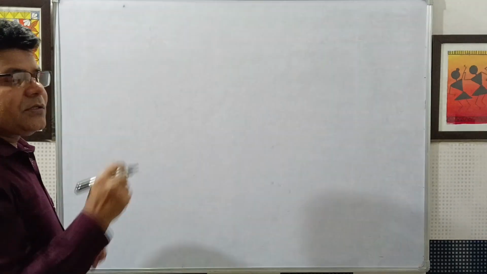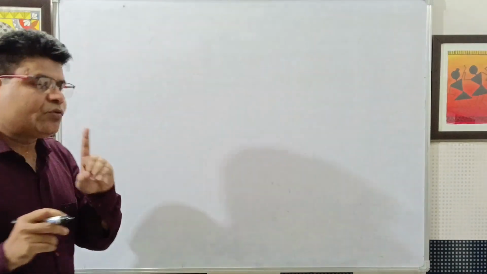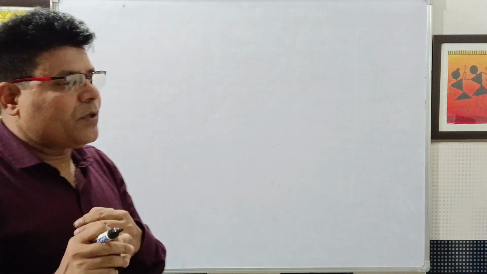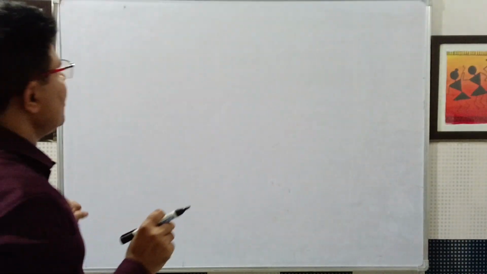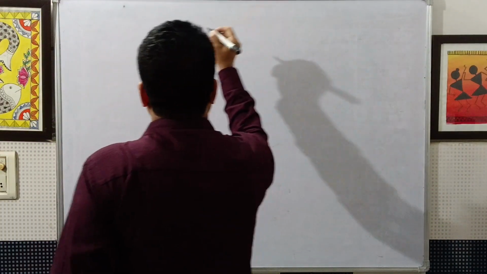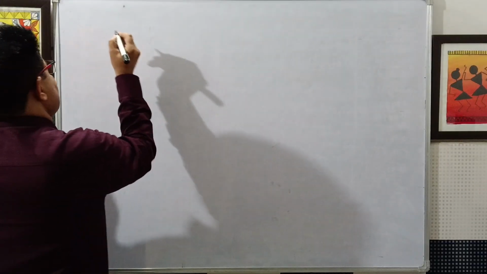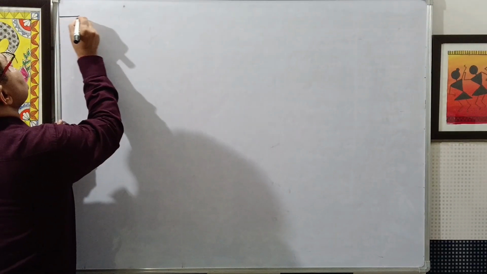So in this question we have two things. First one is the journal entries and another one is the ledger account of the machinery account. So first of all I start the journal entry.